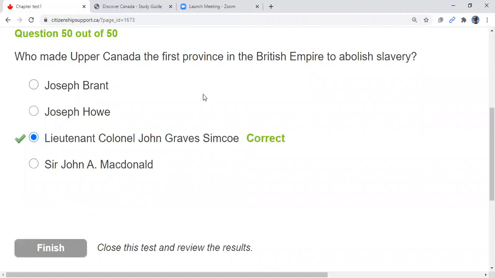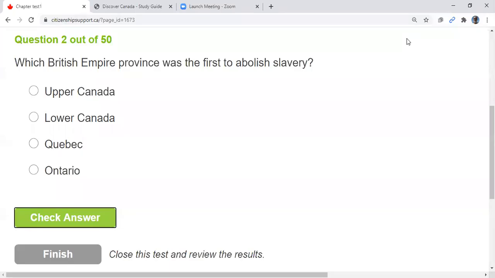Okay, so what we're going to do now, I'm just going to pause for just a minute. Which British Empire province was the first to abolish slavery?